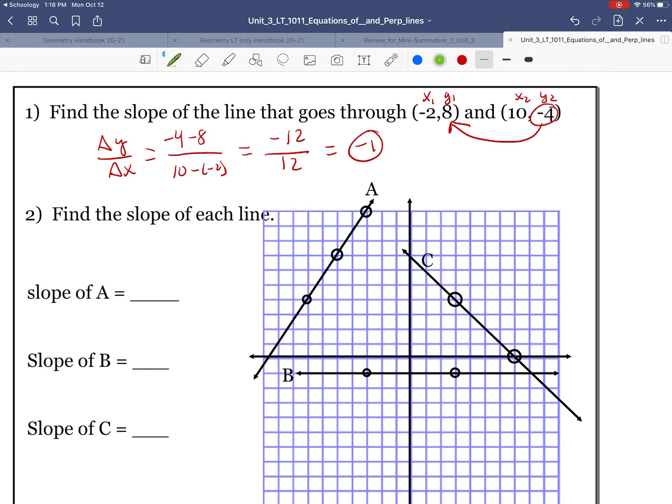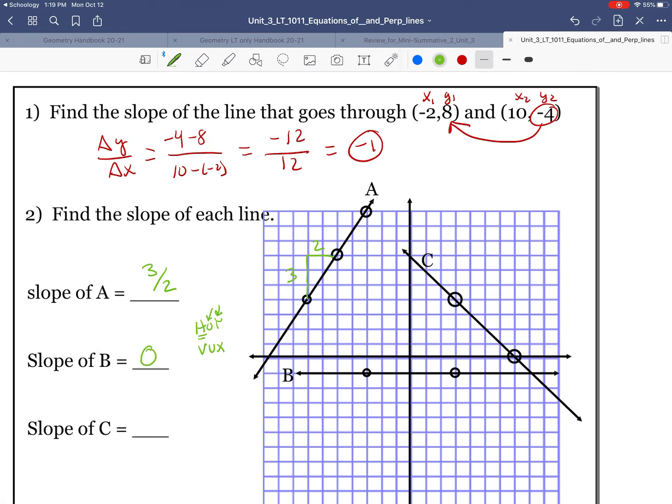To find the slope of each line, slope of A, I go up 1, 2, 3 to the right 2. So up 3 to the right 2 is my vertical change over my horizontal change, my rise over run. Slope of B, B is a horizontal line. If I remember HOY VUX, horizontal is y equals a number with a slope of 0.